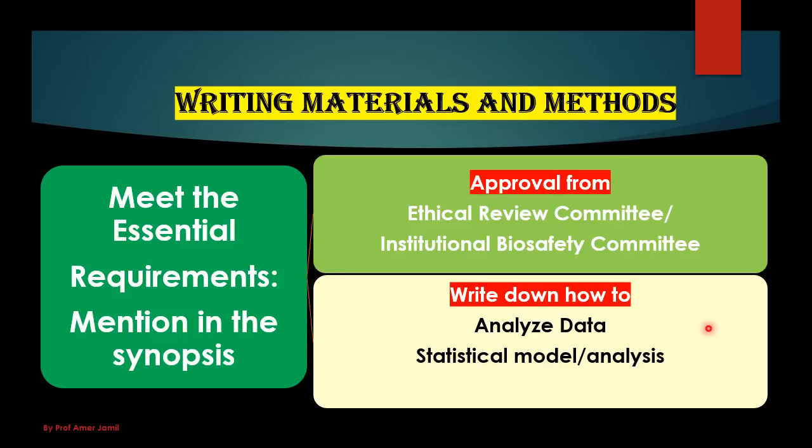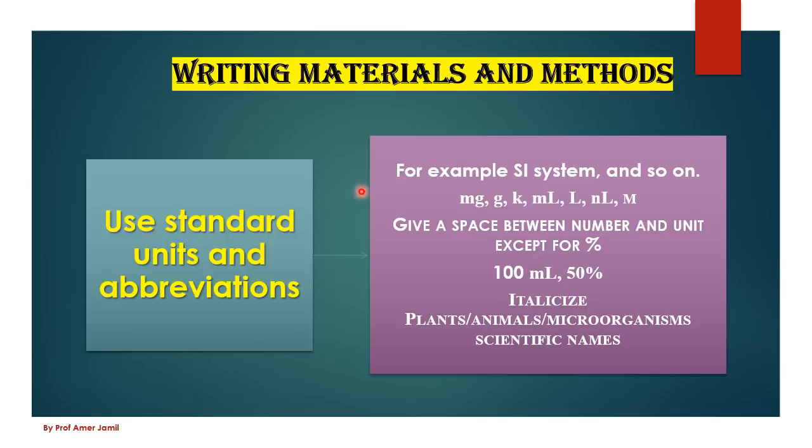This has to be given with reference. So usually this materials and methods is 1 to 2 pages, or maybe 1 to 1.5 pages should be enough for the synopsis generally. But again, it may vary a little with reference to different subjects.